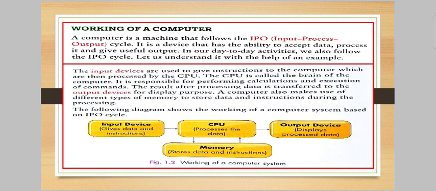And memory. When the computer processes the data it needs some memory, and we all know that a computer can store a huge amount of data in storage devices like hard disk, CD, DVD. So this is the full structure or diagram of the IPO cycle.